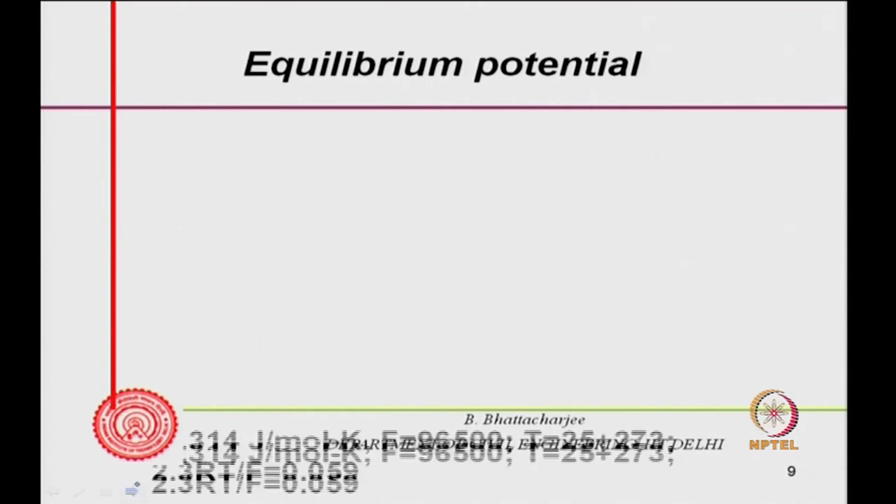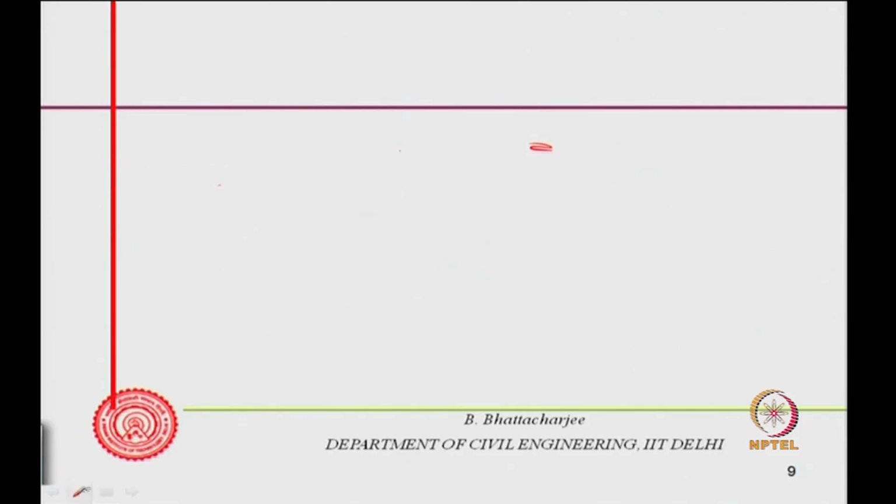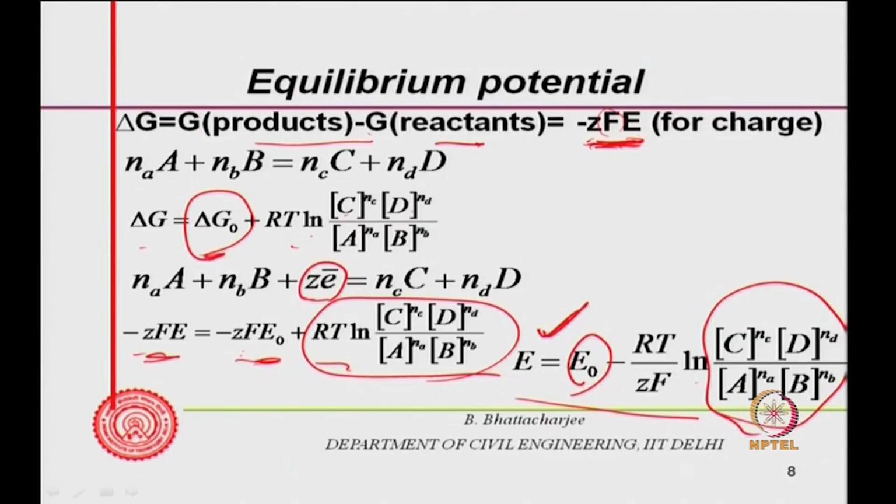For example, with R, F and temperature T, it was RT divided by ZF. So 2.3, because ln can be converted into log.